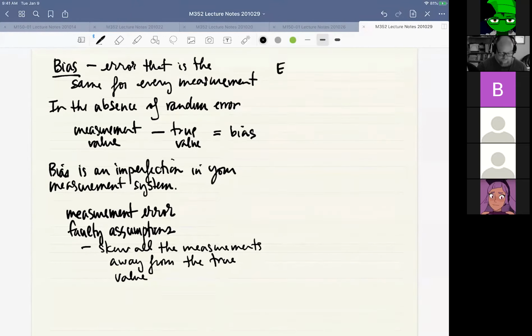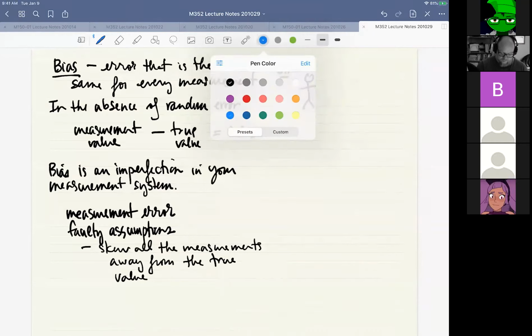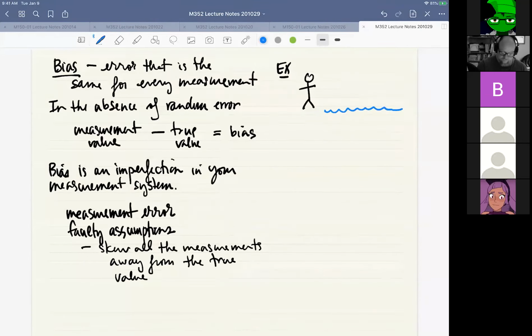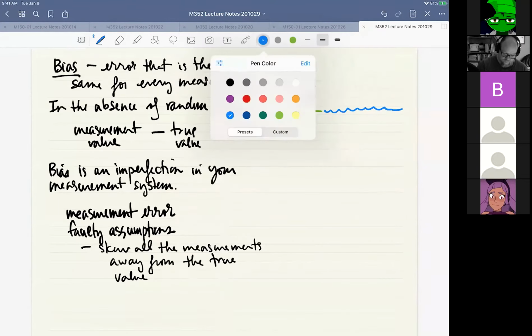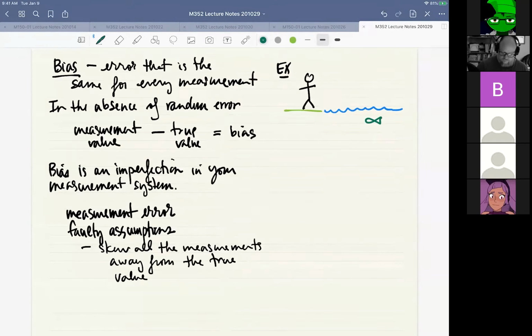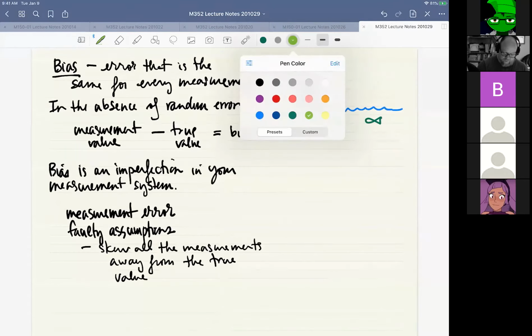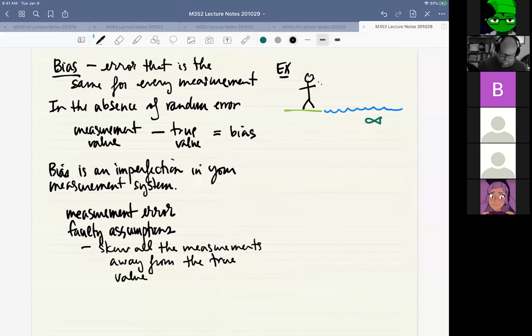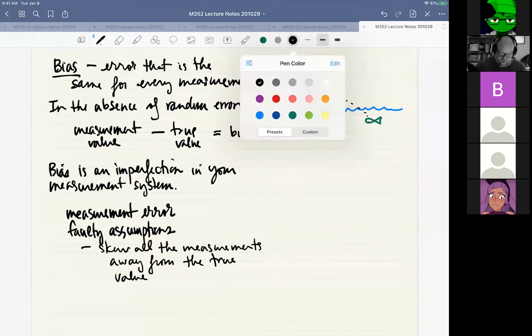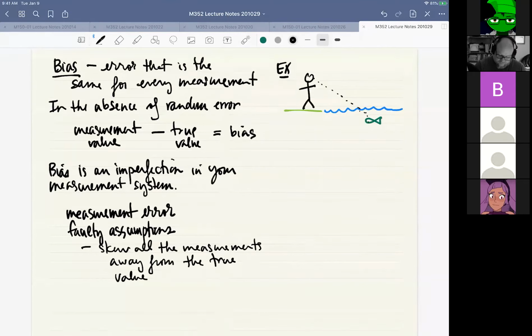So if you're standing on the shore and you're looking into some water and you see a fish, you're not really seeing the fish, right? The fish isn't there because water bends the light. And so the fish is actually somewhere else.